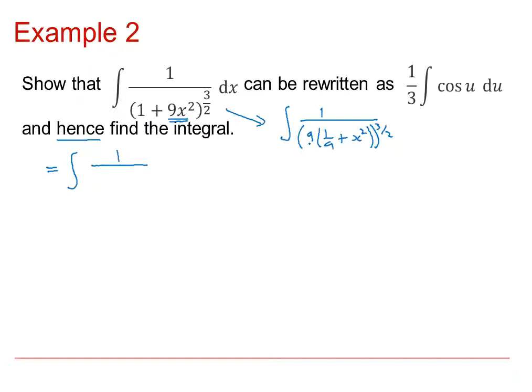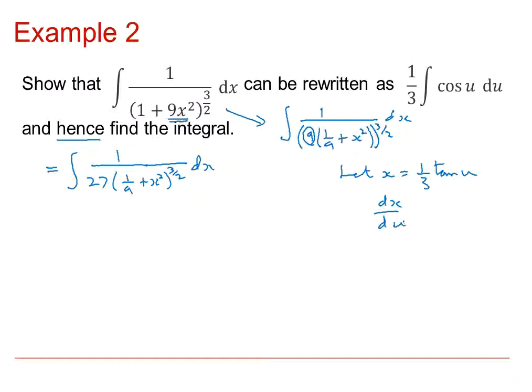So this 9 to the power 3 over 2 becomes a 27, so there's a 27 and a 9th plus x squared to the power 3 over 2 dx. So now we are ready to make a substitution. The 9th plus x squared means that we need to let x equal a third of tan u.